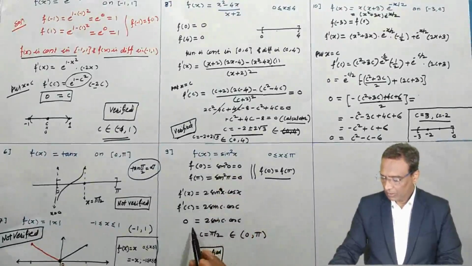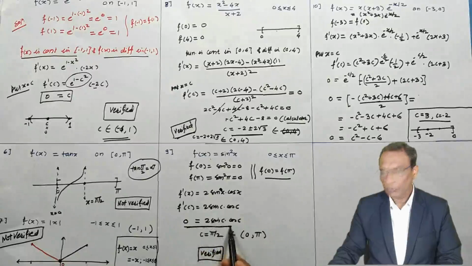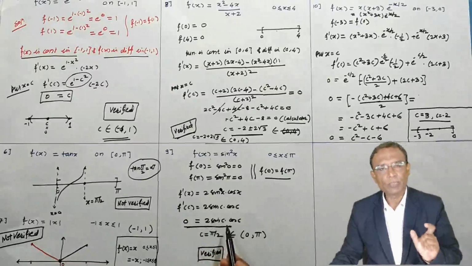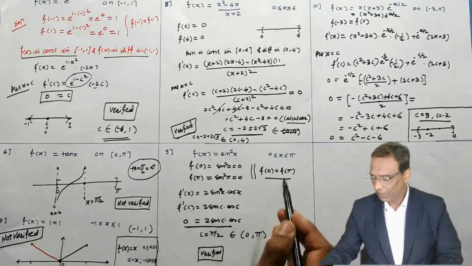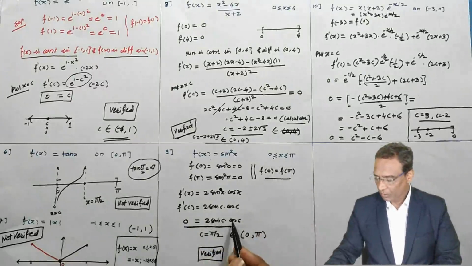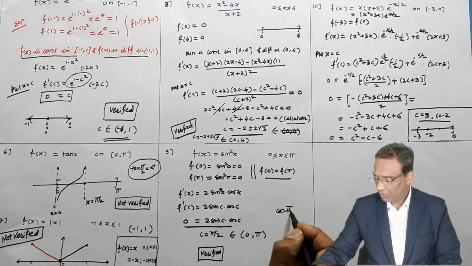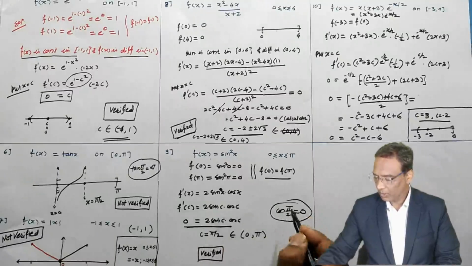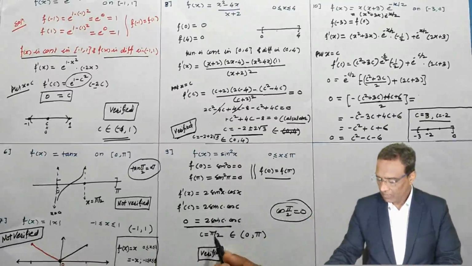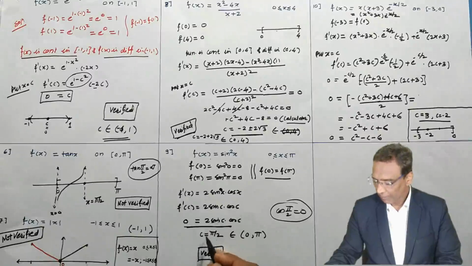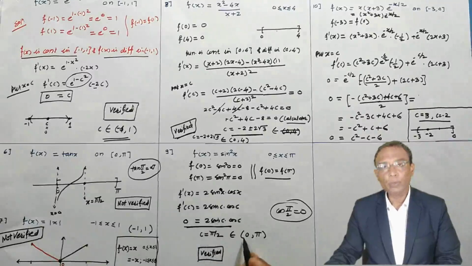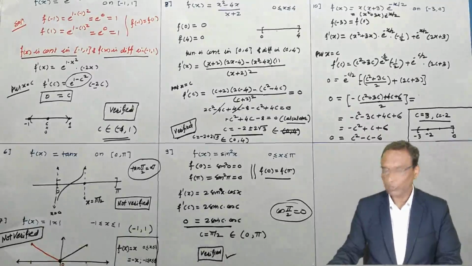From this we want a value of c which belongs to the open interval 0 to pi. For c equal to pi by 2, cos pi by 2 is 0. You are aware of this. And c equal to pi by 2 is one of the values of c, and this pi by 2 belongs to the open interval 0 to pi, therefore the theorem is verified.